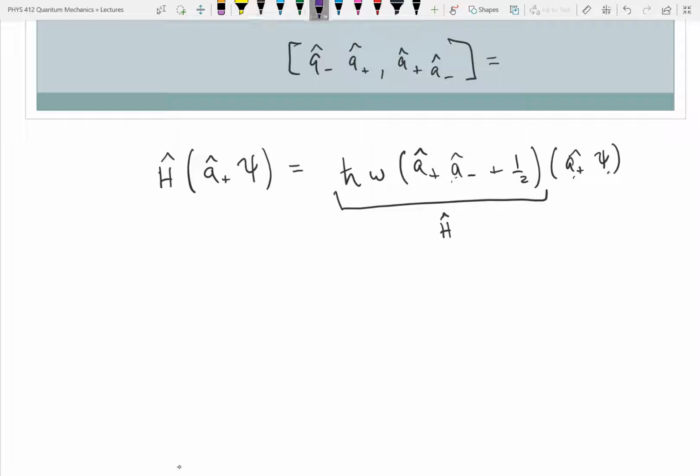So if I actually, I'll make this one color. And so this is equal to A plus.